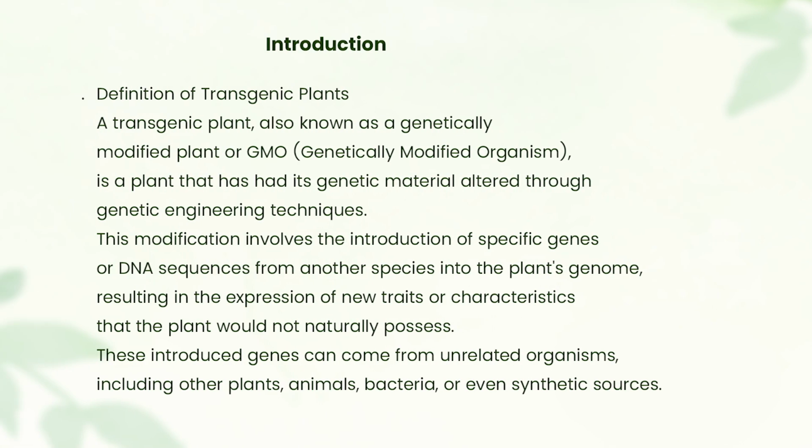This modification involves the introduction of specific genes or DNA sequences from another species into the plant's genome, resulting in the expression of new traits or characteristics that the plant would not naturally possess. These introduced genes can come from unrelated organisms, including other plants, animals, bacteria or even synthetic sources.